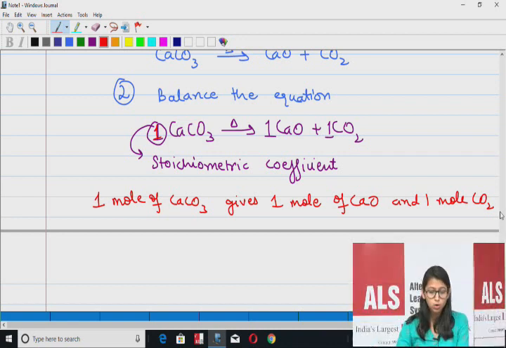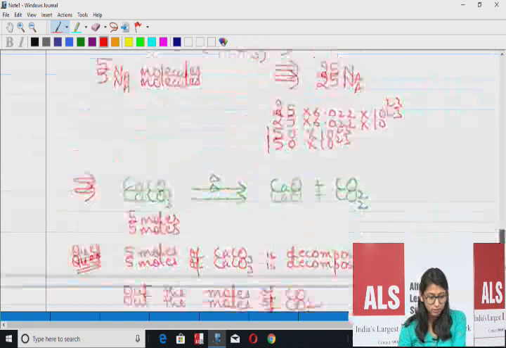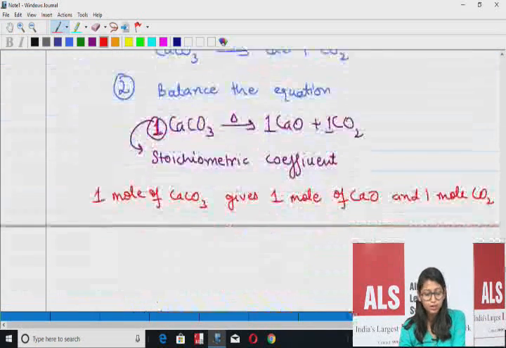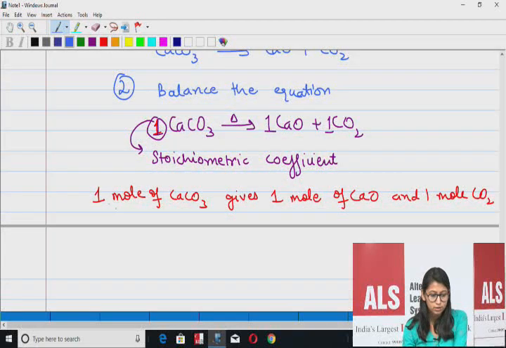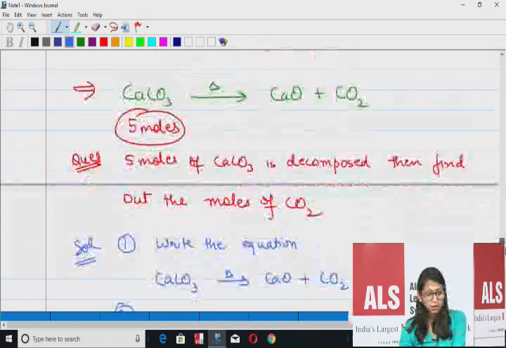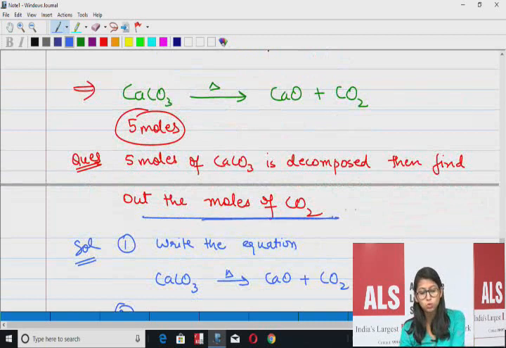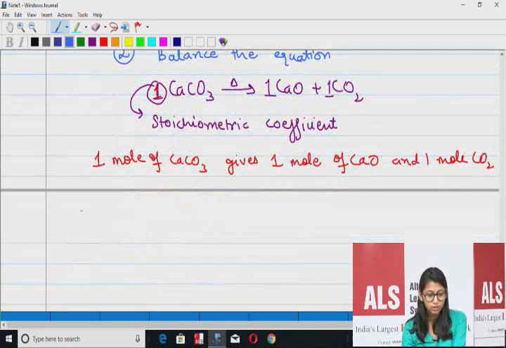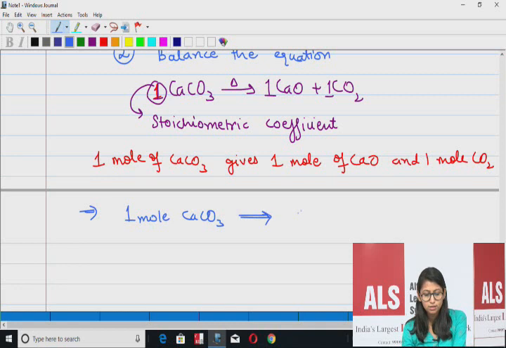So now what is given in the question? I was given 5 moles. I already know my equation for 1 mole. What was asked in the question is, for the 5 moles, how much CO2 is produced? I already know that with this equation, 1 mole CaCO3 is giving me 1 mole CO2. So what can I say about the 5 moles CaCO3?